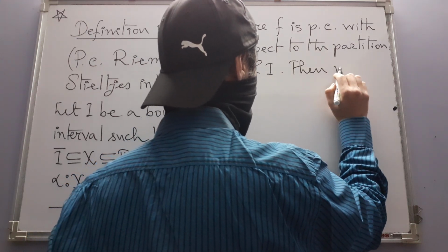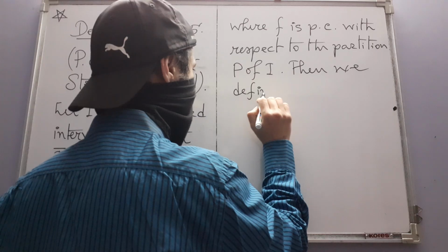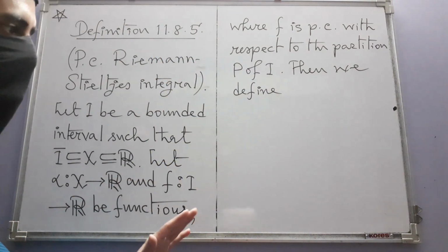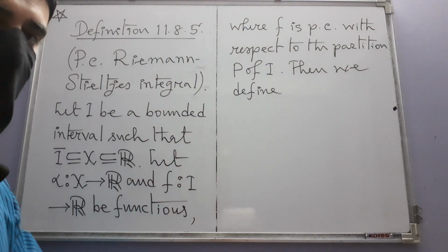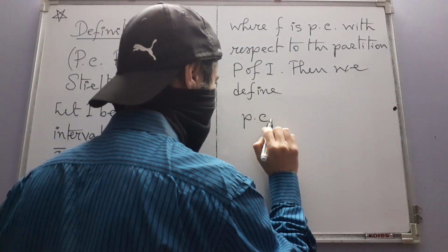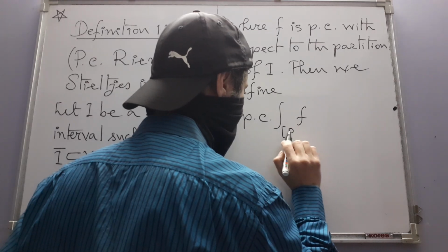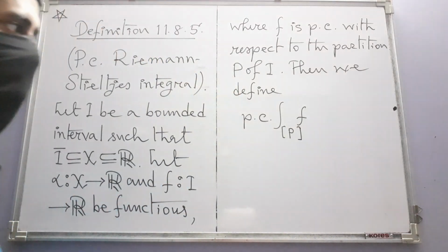Then we define the PC Riemann-Stieltjes integral of F, the piecewise constant integral of F over I with respect to the partition.